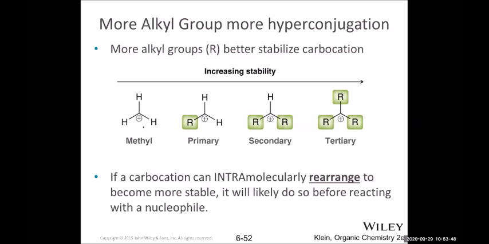The methyl carbocation is the least stable because there are no methyl groups or any alkyl groups around. But when you have 1 alkyl group, so now you have only 2 hydrogens around, we call this a primary carbocation because this carbon has only one more carbon linked. This carbocation becomes more stable because the alkyl group here can give hyperconjugation, making it more stable than the methyl carbocation.